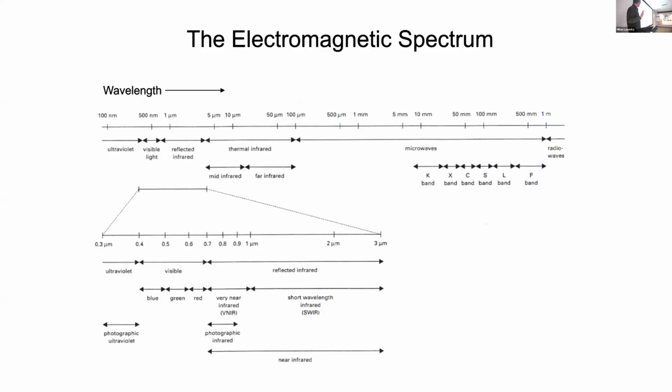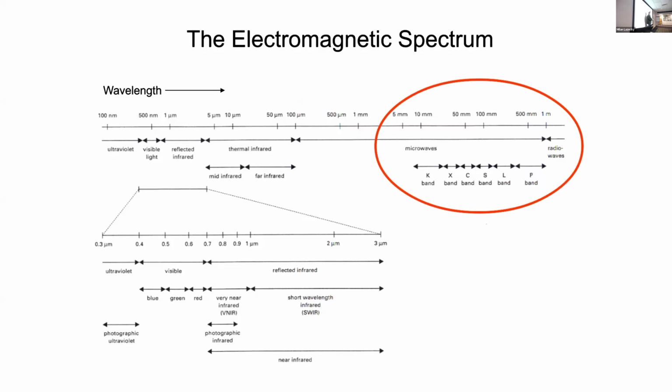So I'm going to go way back and think about the electromagnetic spectrum. So if we're looking here, this is a log scale. We go from ultraviolet through visible light at 500 nanometers up through the thermal infrared, right up to here in the kind of centimeter to meter range, which are microwaves and radio waves. And these are the ones we use for radar. And you can see there are these weird sounding letters.